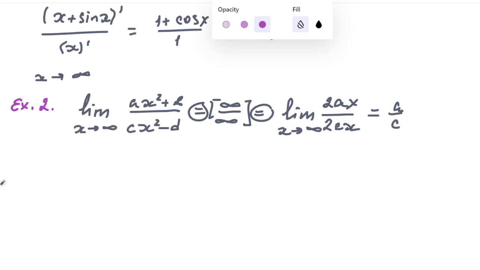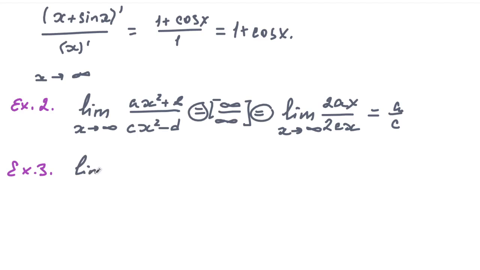Example 3. Find limit as x approaches pi over 2 of tangent of x over tangent of 3x. Tangent of pi over 2 approaches plus infinity.